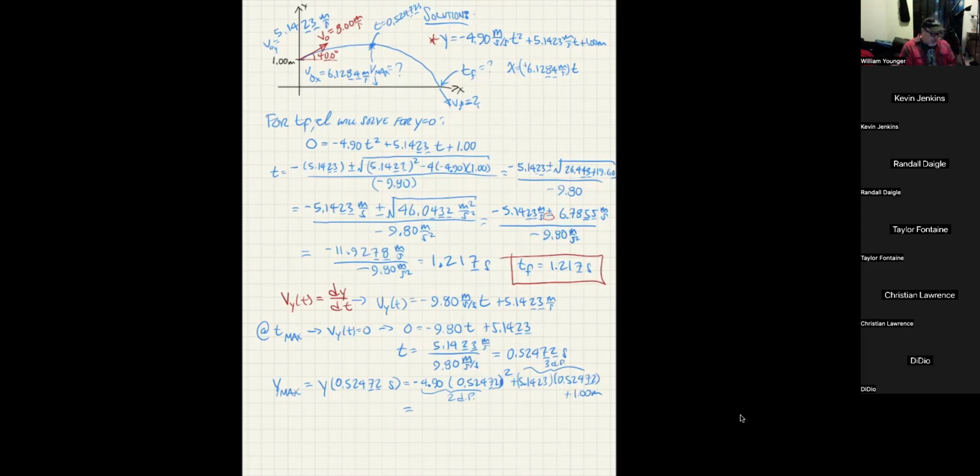So anyways, I'm going to take, it looks like I'm still negative. How am I still negative? So let's check again. Negative 4.9 times 0.52472 squared. That gives me negative 1.3491. I'm just going to write these down, in case I made some kind of careless arithmetic mistake or something.